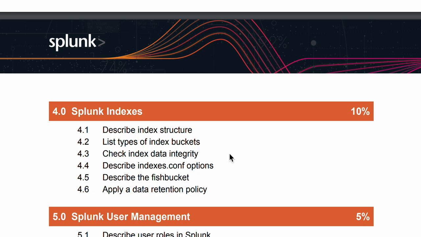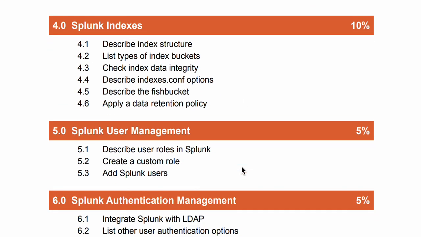It covers describing index structure, listing types of index buckets, checking index data integrity, describing indexes.conf options, describing the fishbucket, and applying a data retention policy. So this is about Splunk indexes.